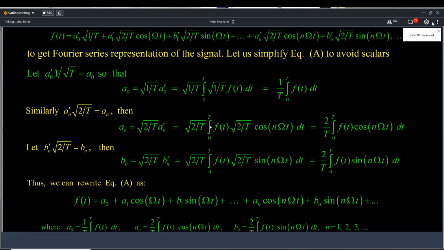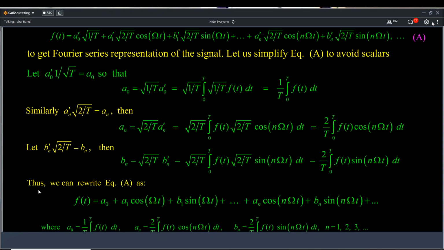Whereas an dash is nothing but the projection over the normalized base. So this root 2 by T is a constant which comes out of the integration, and it becomes 2 by T integration from 0 to T of f of t cosine of n omega t. This is the regular representation. So similarly bn.